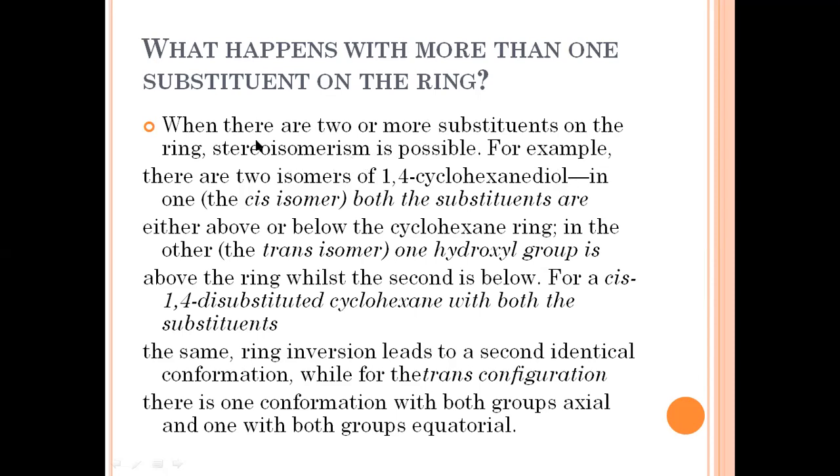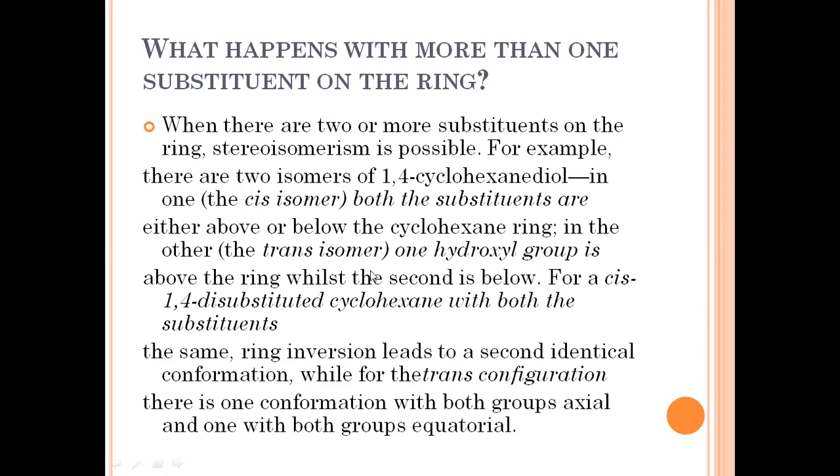For example, there are two isomers of 1,4-cyclohexane diol. One is the cis isomer, in which both substituents are either above the plane of the ring or below the plane of the ring. If one is above and one is below, it is the trans isomer.